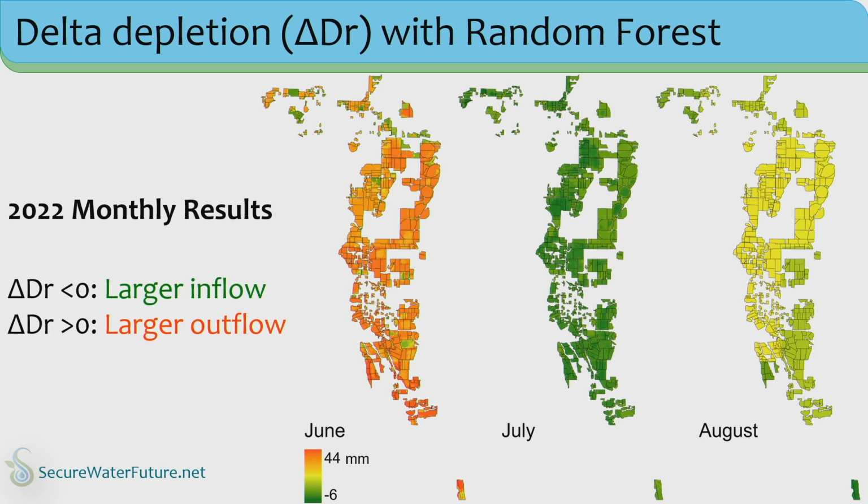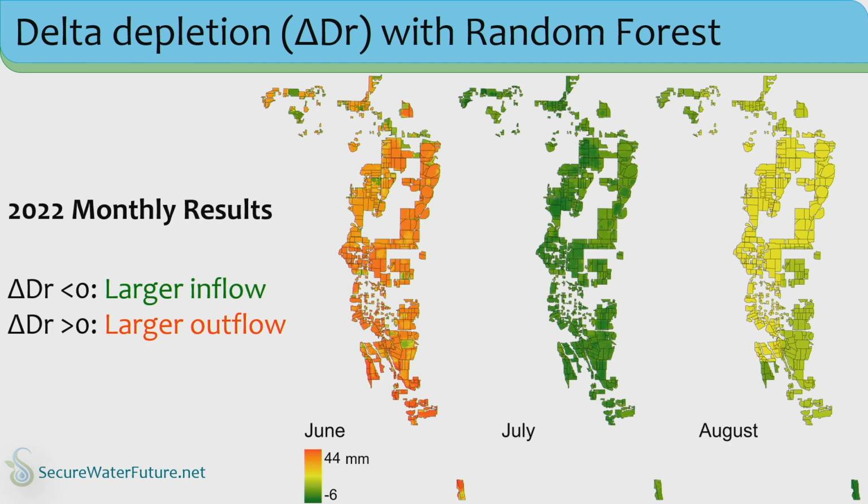While in July, we see inflows being larger than the outflow, and this is because of the irrigation happening during this month. In August, we see a transition between the effect of evapotranspiration and irrigation as the management of the fields is changing over the season. So this is something that we want to continue refining in this model.